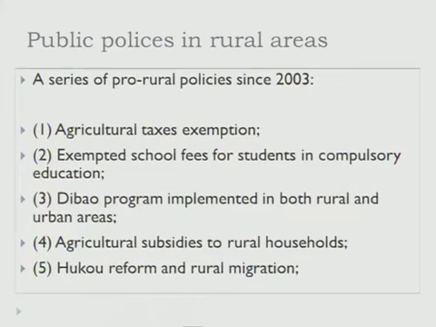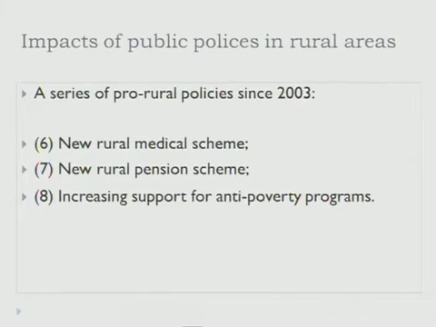Besides public policy, new social security systems were implemented in rural areas, like the new rural medical care scheme and the new rural pension scheme. That means all people aged over 60 in rural areas can receive some pension from the government. The pension level is quite low, but it's more than nothing.